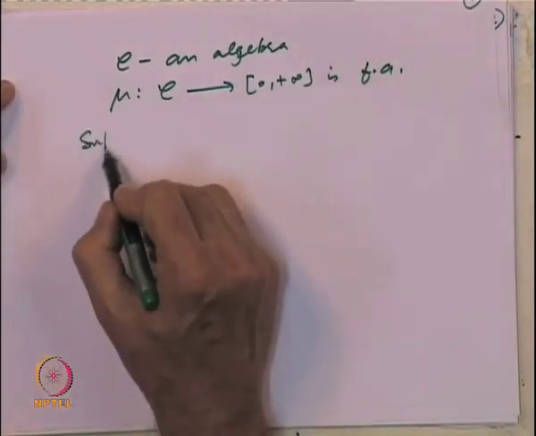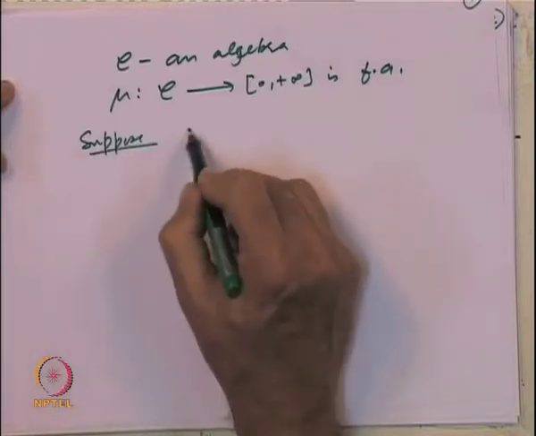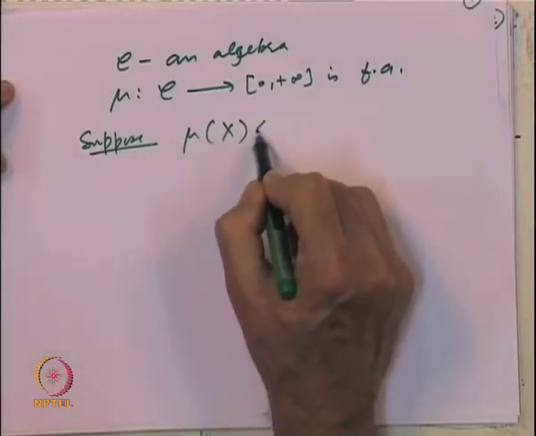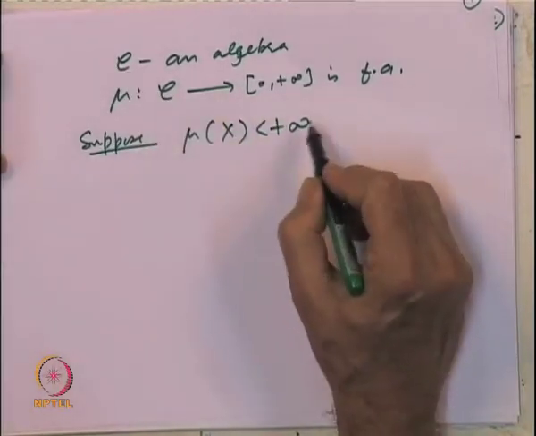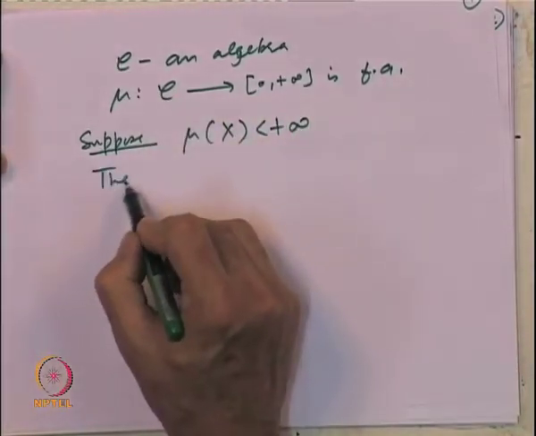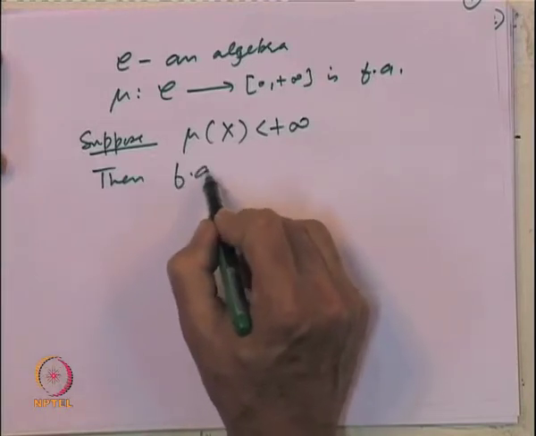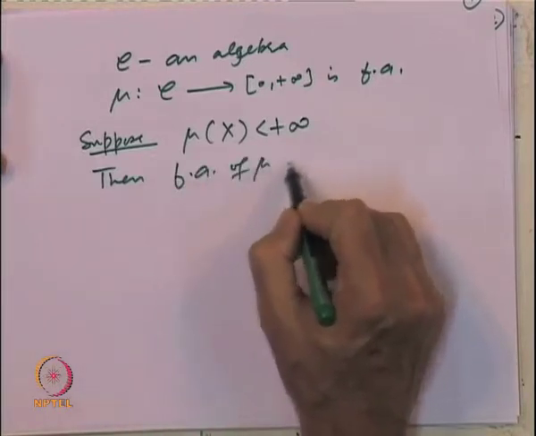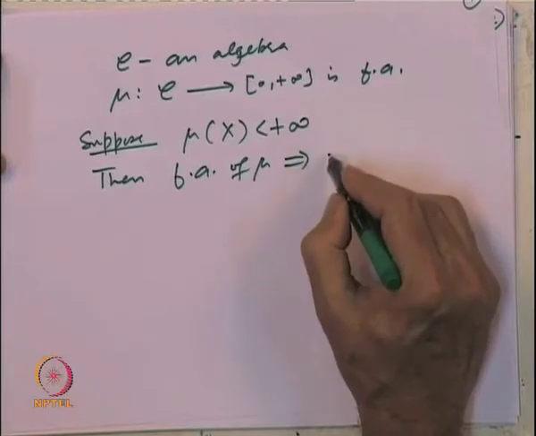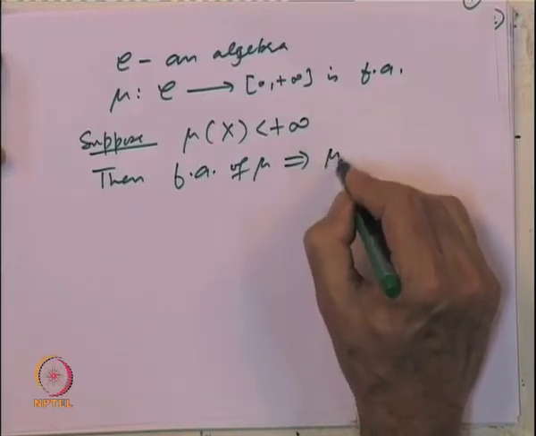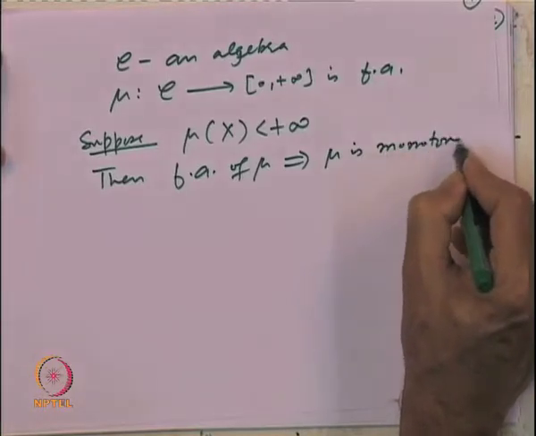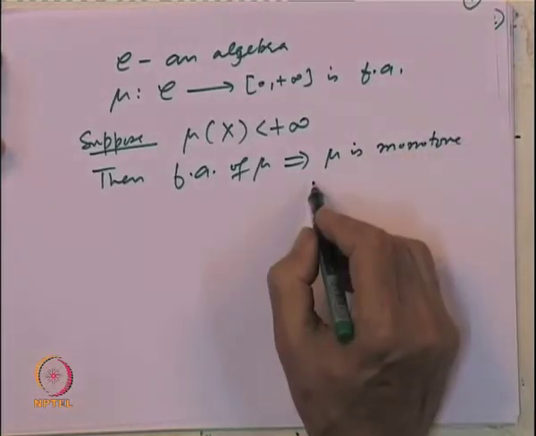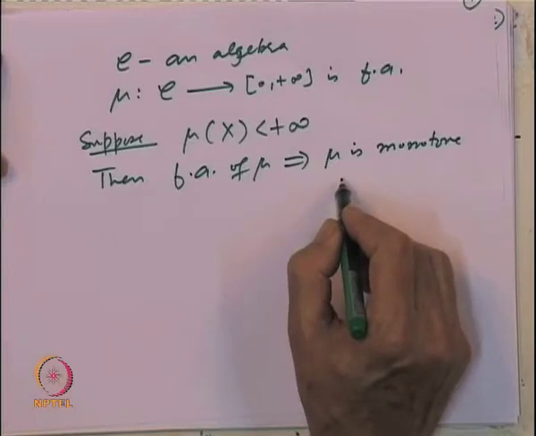So, suppose mu of the whole space is finite. Note the whole space X belongs to C because C is an algebra. Then we had seen earlier finite additivity of mu implies mu is monotone. We had seen this property earlier, so we will not go into the details of this again.